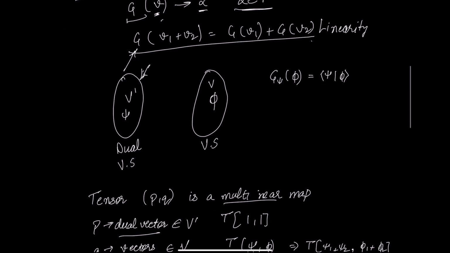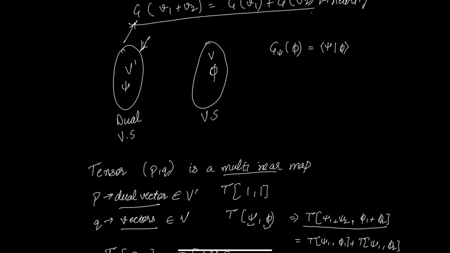Dual vector space. If you know some quantum mechanics, you might know this is bracket notation, in which this is denoted as the inner product of psi and phi. I'll not go into detail, but you can look up some quantum mechanics books for this.